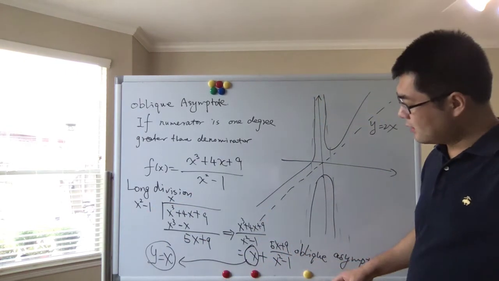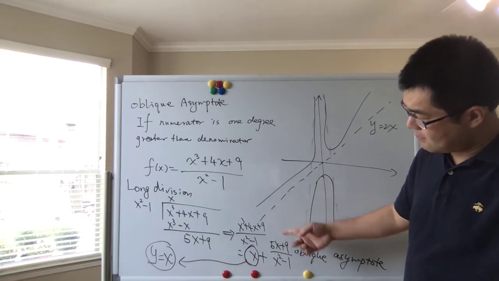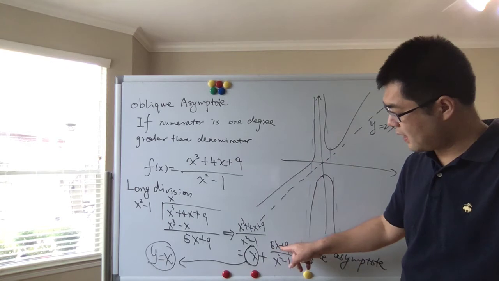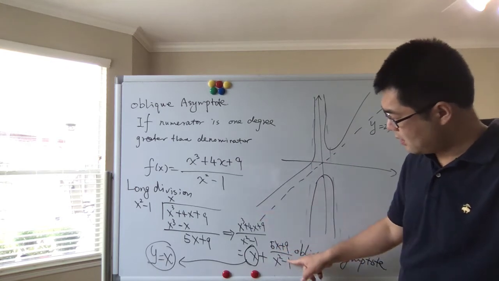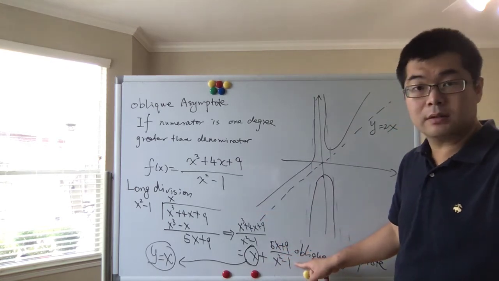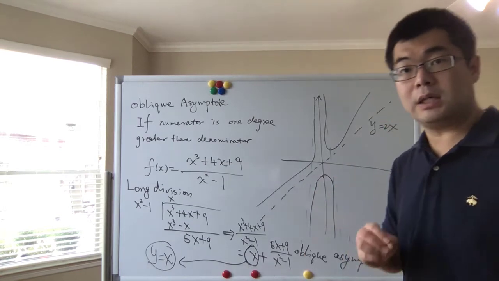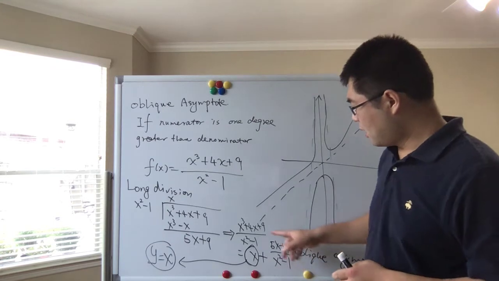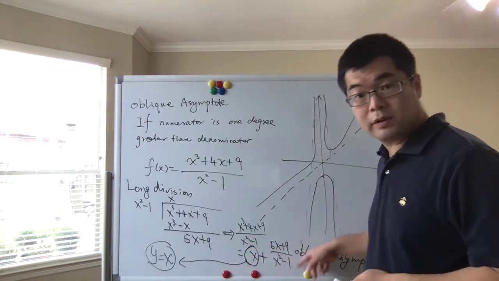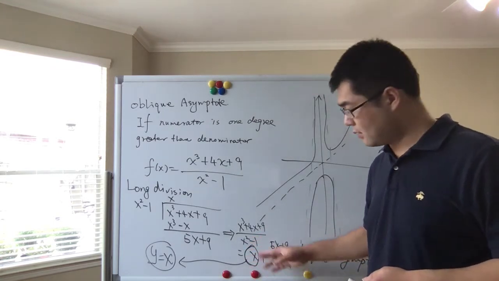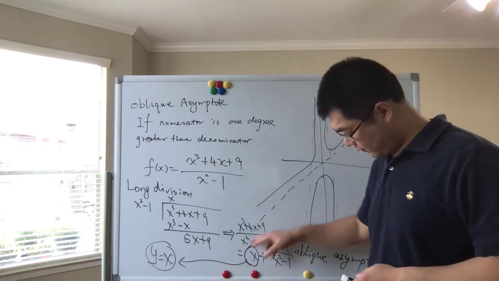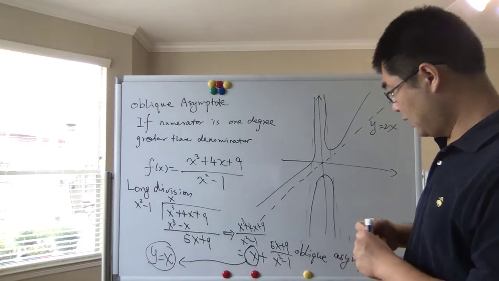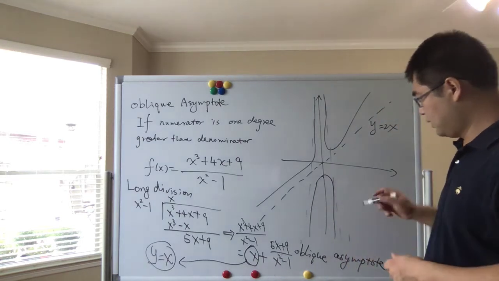So after we do the long division, this can be rewritten as x plus (5x plus 9), the remainder, over (x squared minus 1). Okay, as you can see, guys, after you finish the long division, if you let x go to infinity, in other words, you take the limit for this piece. Let me write here.